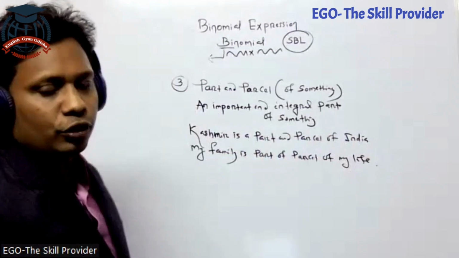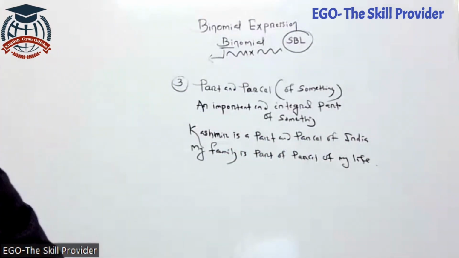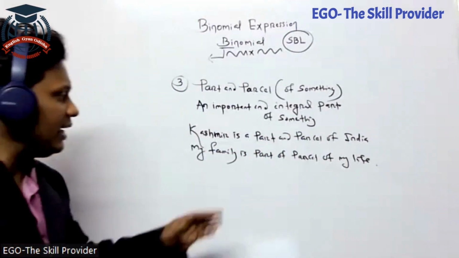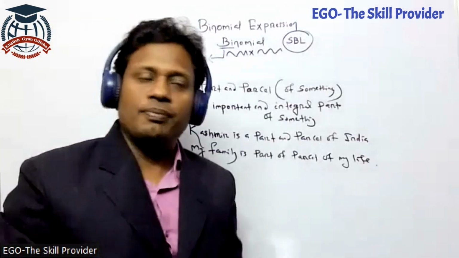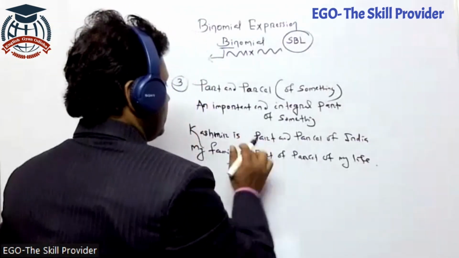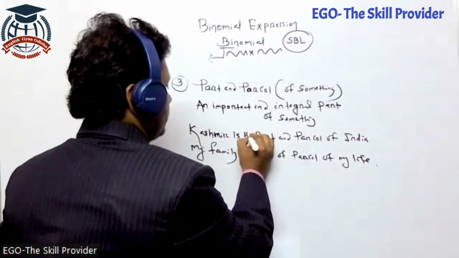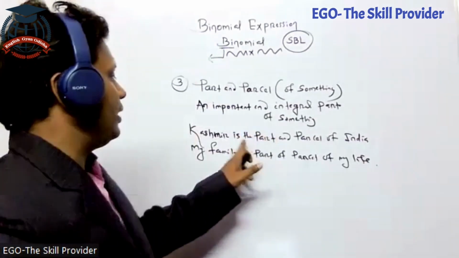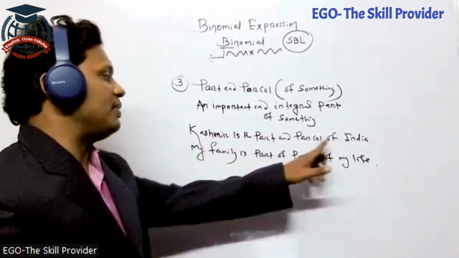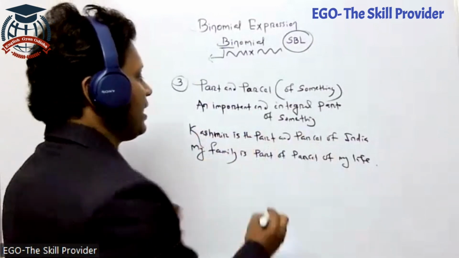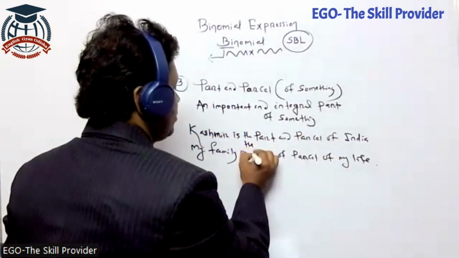If you love your kid very much, then you can say my kid is part and parcel of my life. Okay, you can use Kashmir is the part and parcel of India, my family is the part and parcel of my life. Use the, it's better.